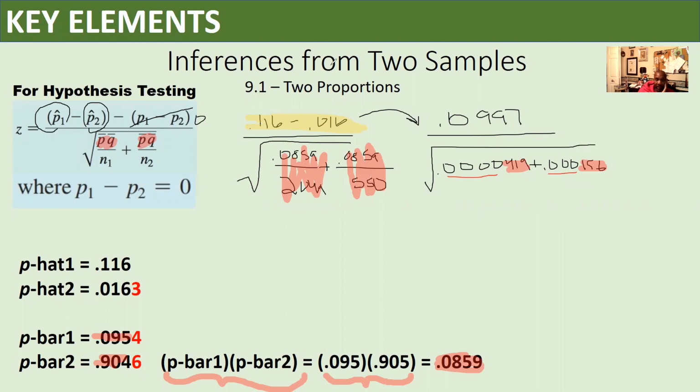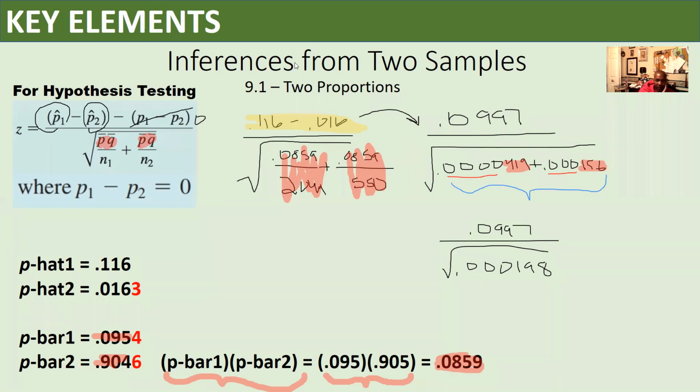Now, the next baby step that I would argue, and I think many of you guys would agree, would be to calculate this value right here. When I do that, I get a value of square root of 0.000198. And again, that's over. Let's not forget our 0.0997.